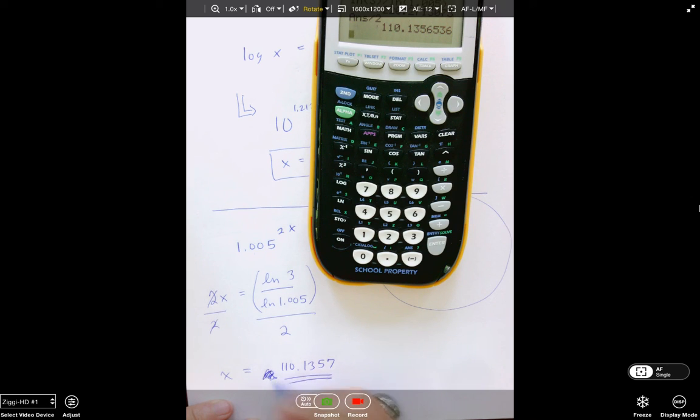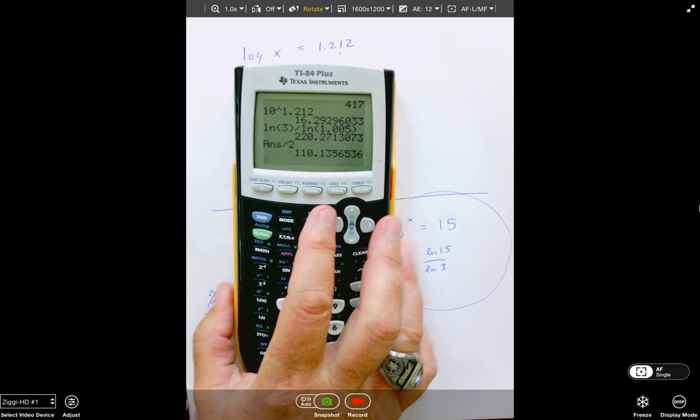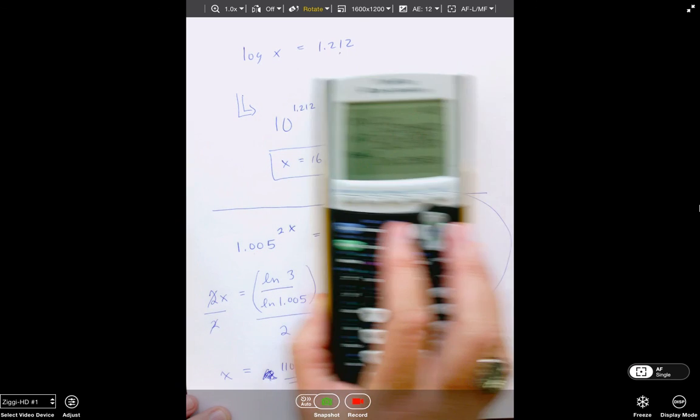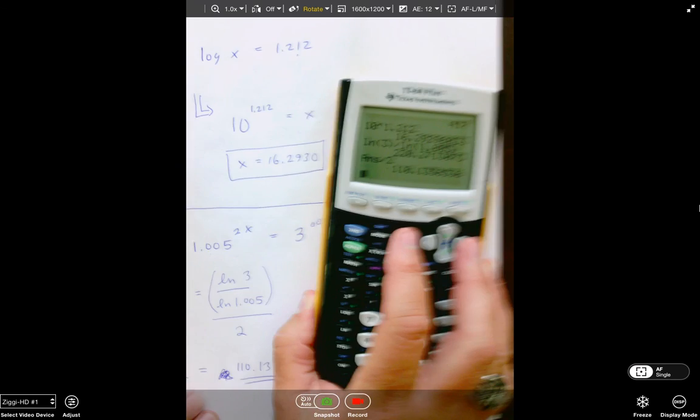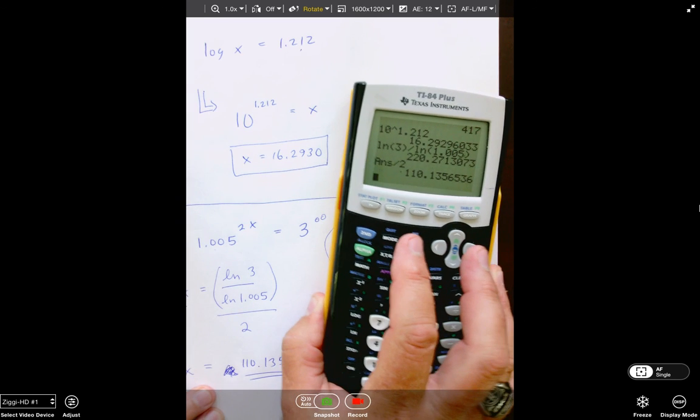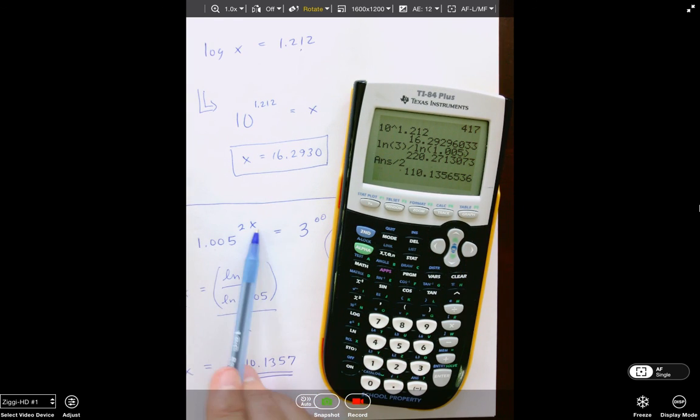Now, guys, I don't know about you, but I feel like I need to check that. So let's check it. Let's go back to the original problem. My x is, or at least proposed to be, 110.1356.